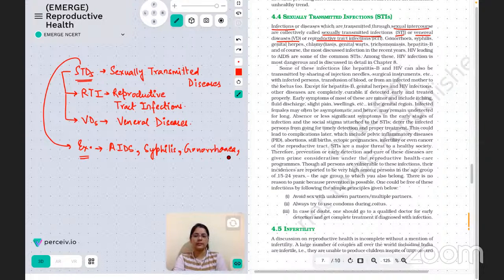Then there are genital warts. Then genital herpes.